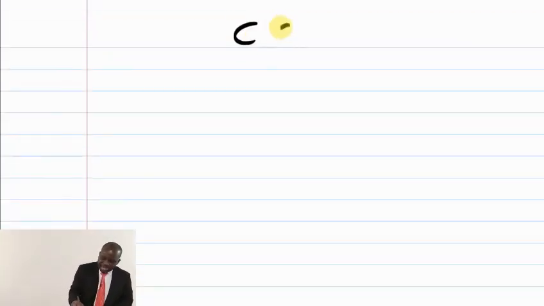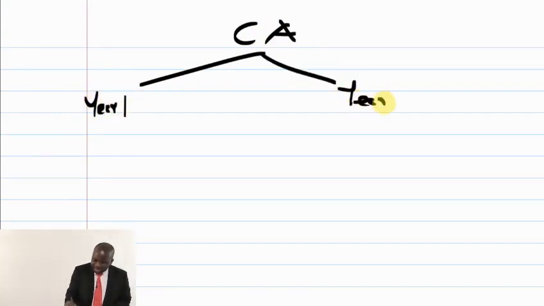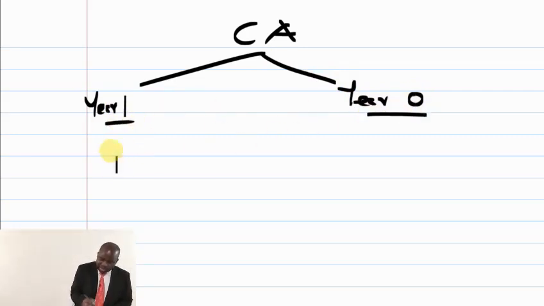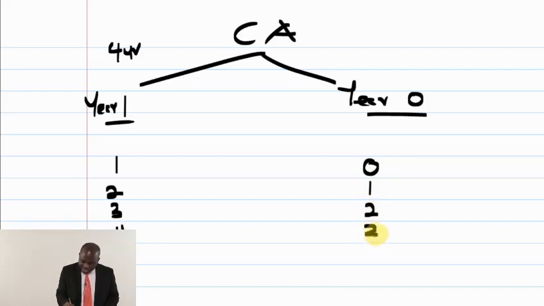So your capital allowance can be claimed from year 1 or year 0. Year 1 means that, assuming the project is for 4 years, you do year 1, year 2, year 3, year 4, full stop. If it is year 0 you are claiming from, you claim year 0, year 1, year 2, year 3.